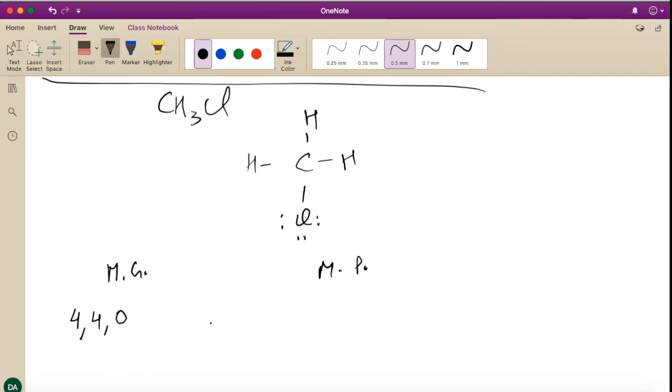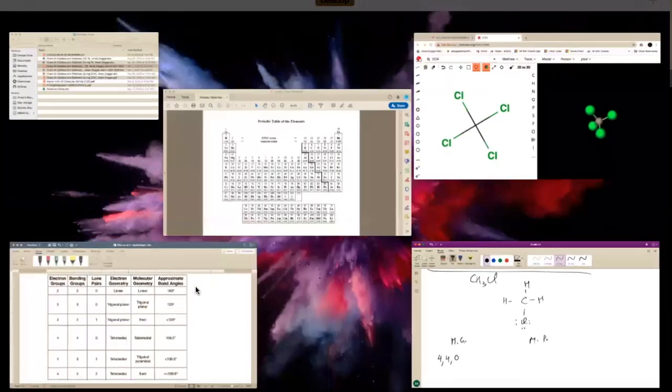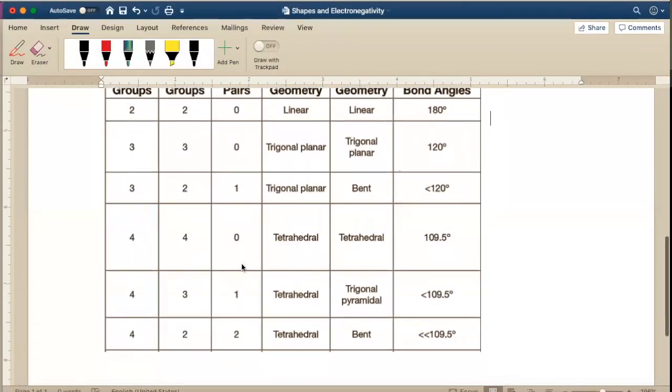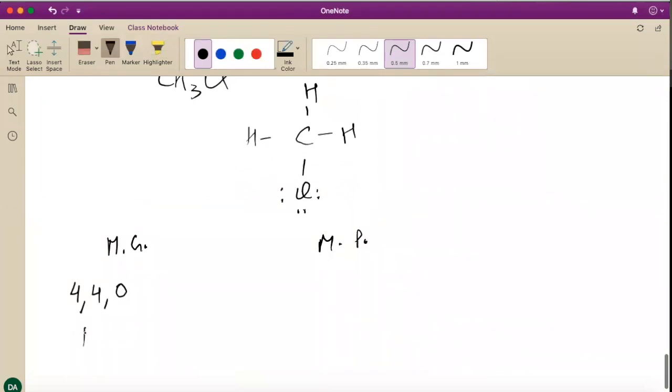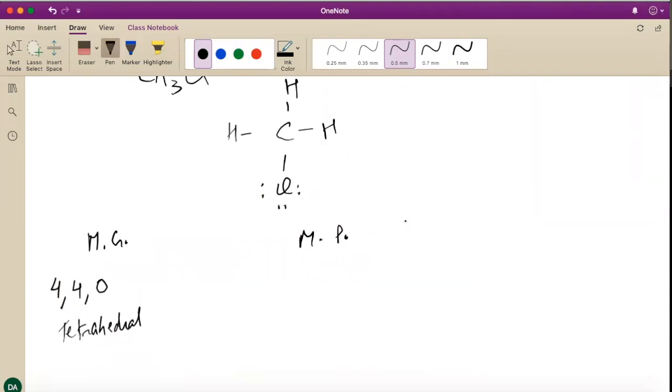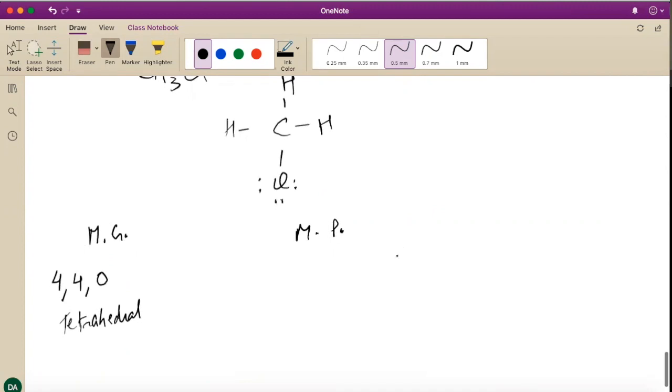So 4-4-0 puts CH3Cl into which shape? 4-4-0 is tetrahedral, okay? So your answer is that this molecule is tetrahedral. And remind me, guys, after we're done with this problem, I have to show you what tetrahedral actually looks like, okay?